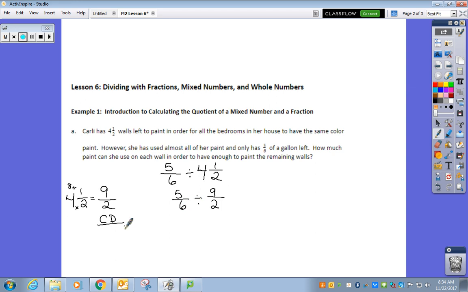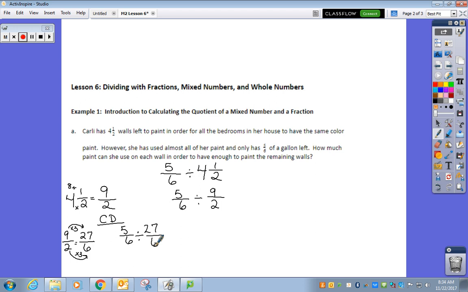So the 5/6 will stay the same, and I have to turn the 9/2 into sixths. 2 times 3 is what gets me 6, so I'll do 9 times 3 to get 27. The 9/2 is going to be replaced with 27/6.